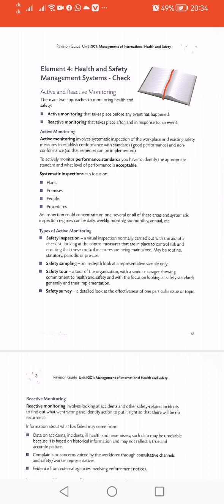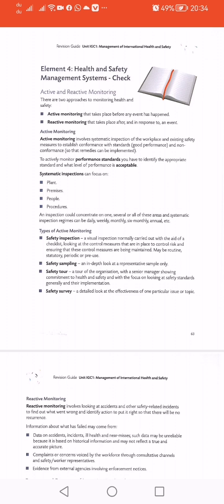Active monitoring performance standard: you have to identify the approach or the standard, and what level of performance is acceptable. Systematic inspection can focus on plant, premises, person, and procedure.